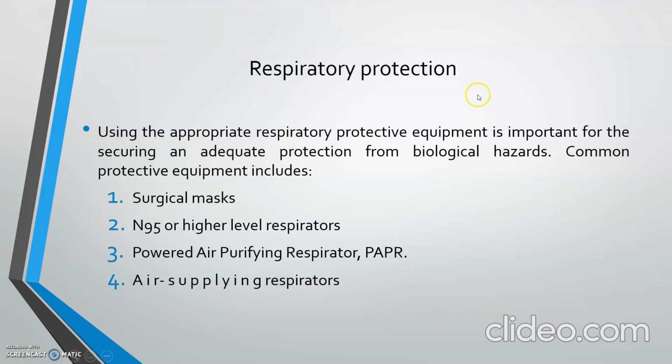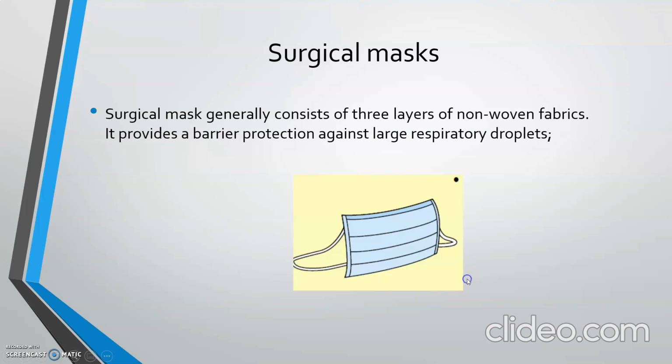For respiratory protection, using appropriate respiratory protective equipment is important for securing an adequate protection from biological hazard. Common protective equipment include surgical masks, N95 or higher level respirators, powered air purifying respirator, or air supply respirator.